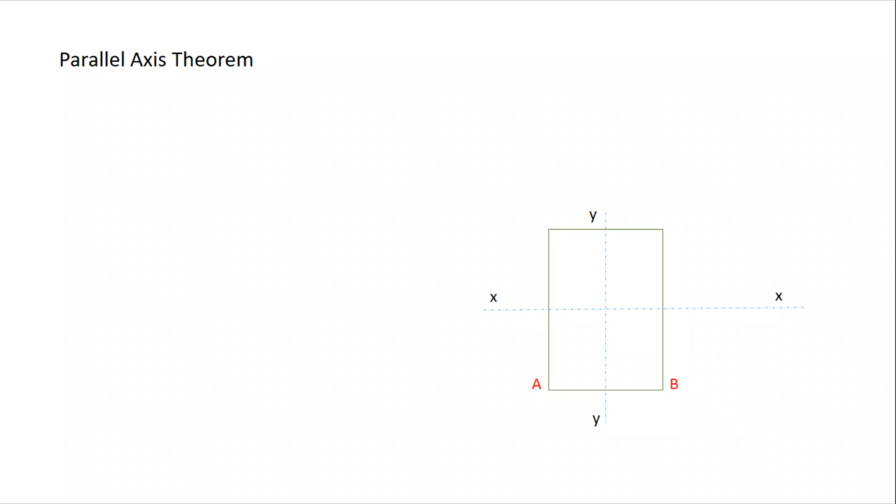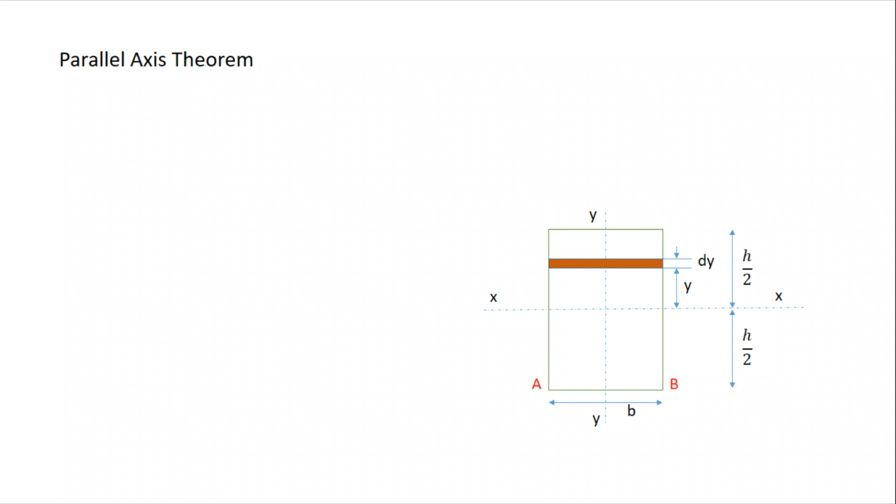You can see AB here at the lower edge of this rectangle. Then how do we find the moment of inertia about this AB? For that, consider a small element which is at distance y from the x axis and whose height is dy.